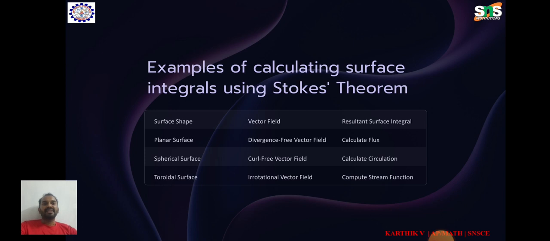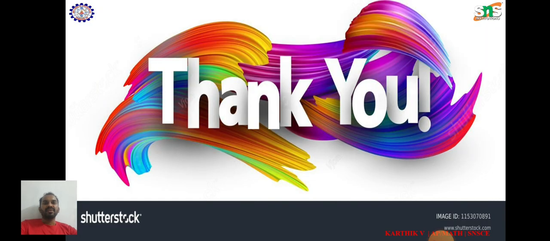First step is to determine the curl of the vector field F. Second step is to calculate the line integral over the boundary curve C. Third, parameterize the boundary C. Fourth, evaluate the line integral using Stokes theorem. So, by Stokes theorem, the surface integral of F over the portion of the unit sphere S is 0. Thank you.